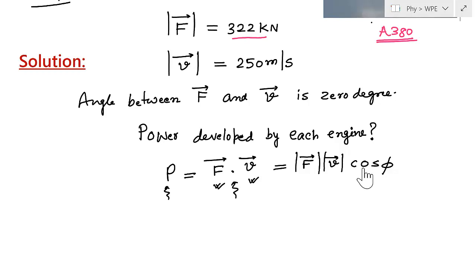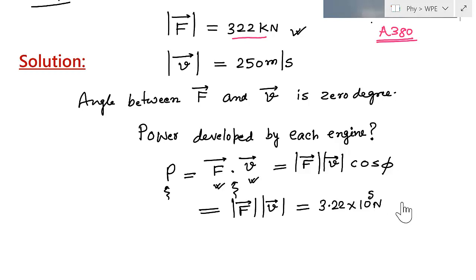In this case, the angle between force and velocity vector is 0 degree. So cos phi is cos 0, which is equal to 1. So I can simply write this is nothing but magnitude of F multiplied by magnitude of V. Now I know the magnitude of F. This is 322 kilonewton, that is 3.22 times 10 to the power 5 Newton.